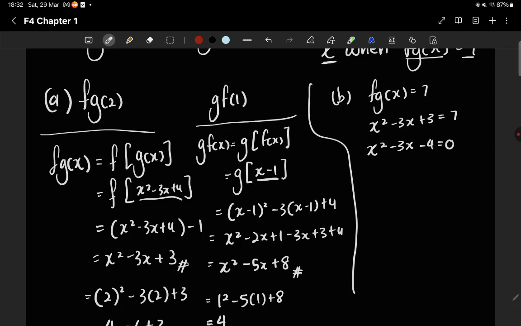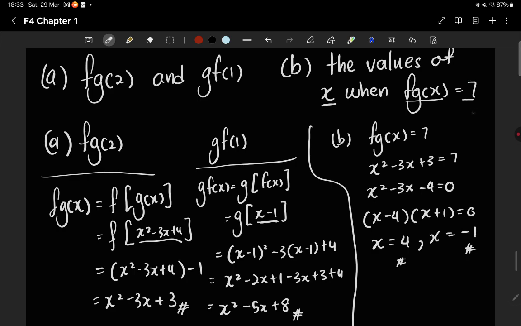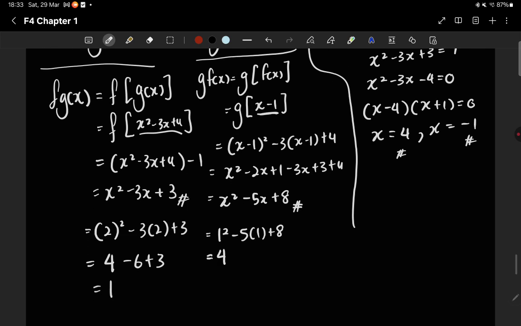And next, we can just factorize this to give us (x minus 4)(x plus 1) equal to 0. And that leaves us with x equal to 4 and x equal to negative 1. So these two give us our image 7. Pretty straightforward, right?